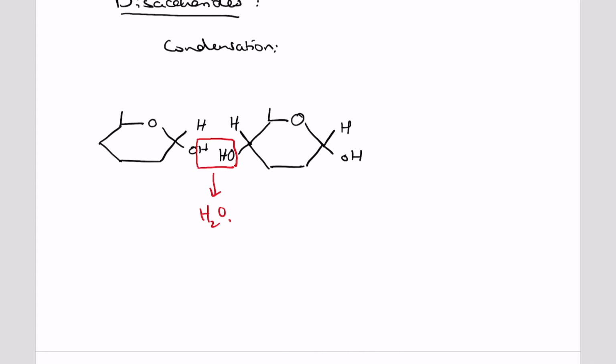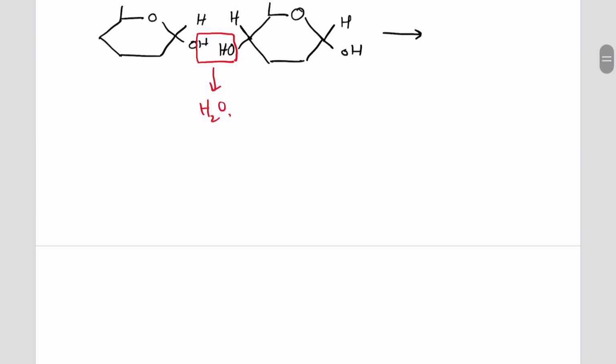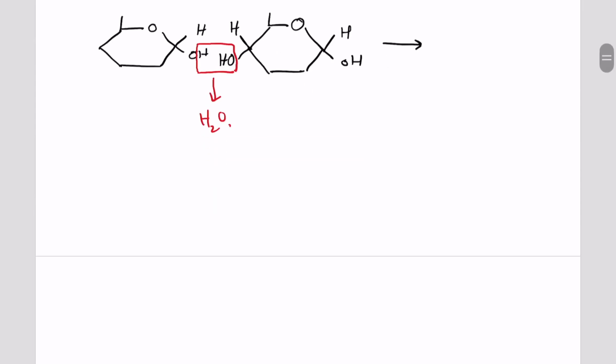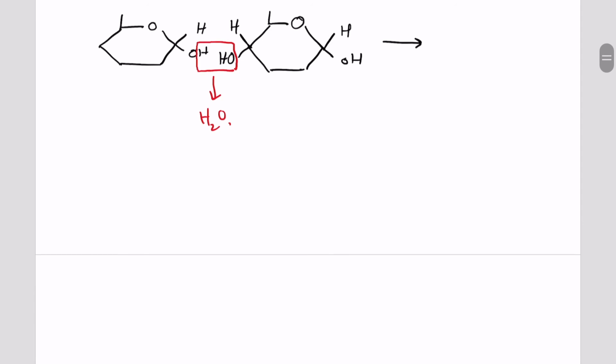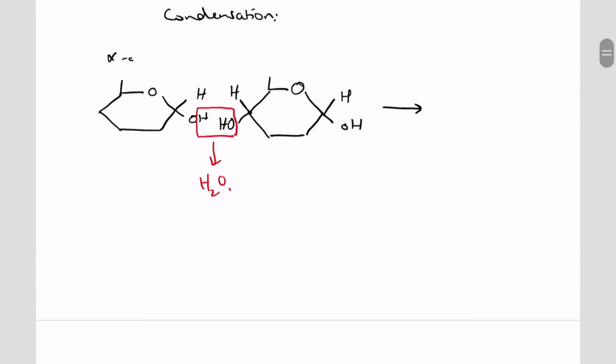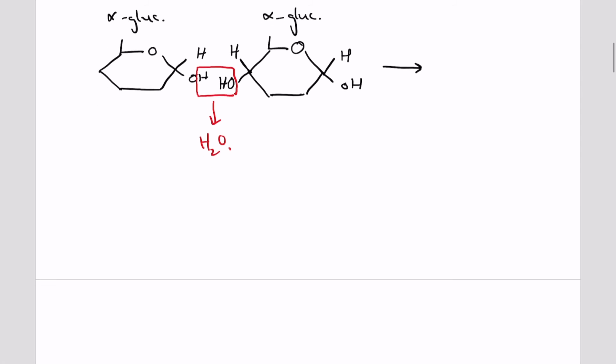We end up with maltose, which is the same thing, but I'm going to draw it down here because I have a bit more space. But these two molecules are, like I said, alpha glucose. And what you form is maltose, which looks like this molecule here.